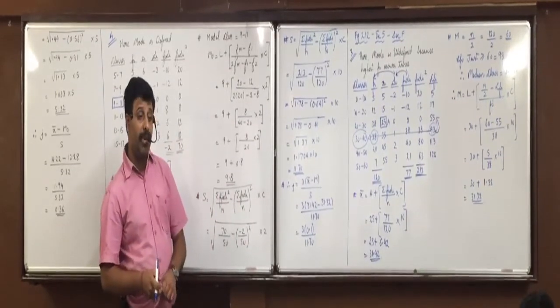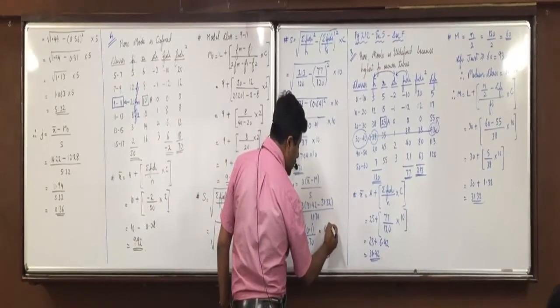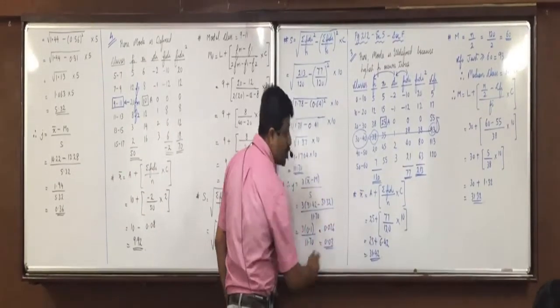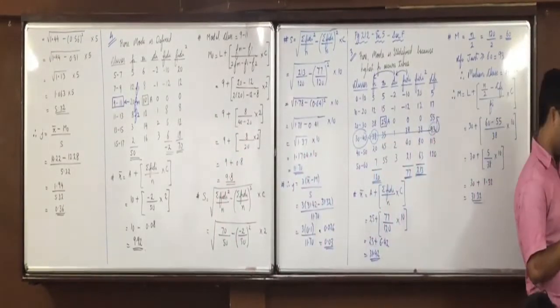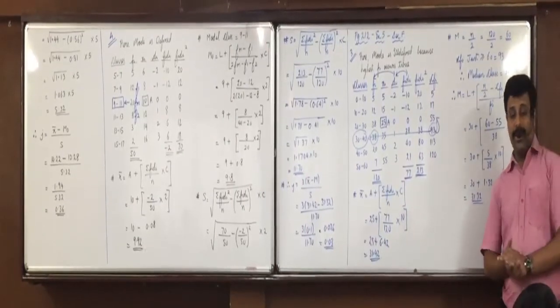So do 3 into 0.1 upon 11.7. 0.026. That is 0.03. This is also very close to 0, so we'll conclude it is near to symmetry. We'll conclude that. Okay? So we'll mention that below.